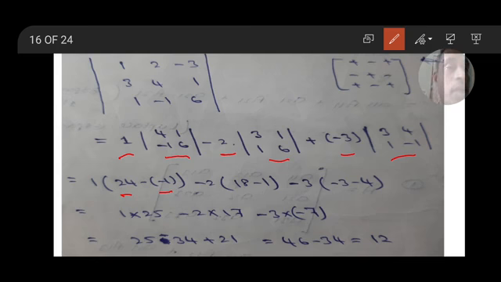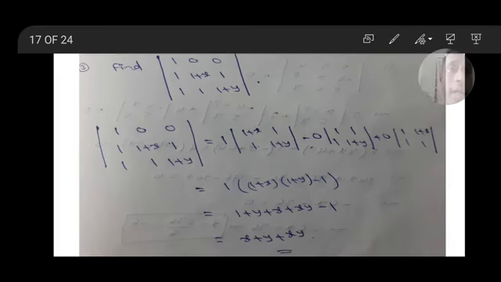So minus 2 into 18 minus 1, minus 3 into minus 3 minus 4, AD minus BC. 24 minus 1 is 25, 1 into 25, 18 minus 1 is 17, minus 2 into 17, minus 3 into minus 7. So 25 minus 34 plus 21. So 46 minus 34, that is 12, is the determinant.